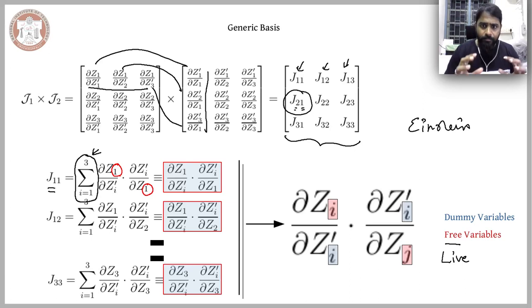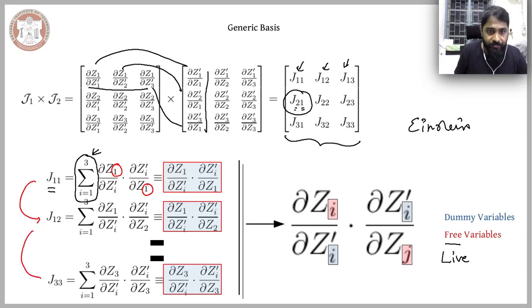When I change the values of my free or live index, what I'm essentially doing is changing from one expression to another expression. As I change the values of my dummy variables, I'm moving across terms within a given expression.